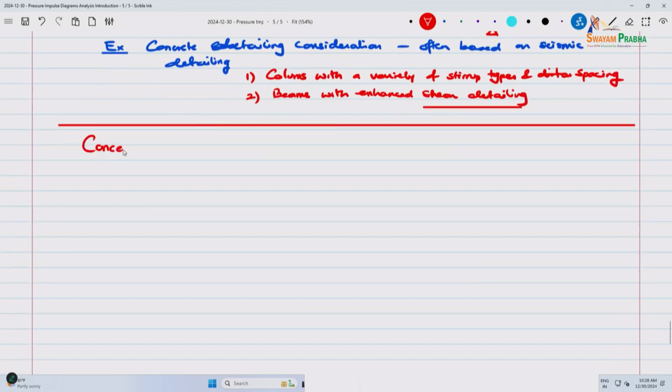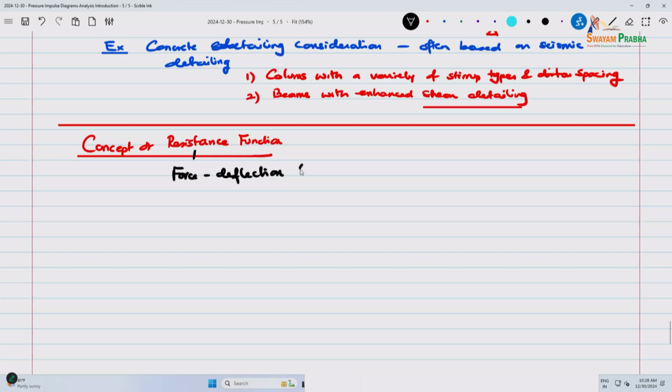and we've discussed the idea of a resistance function. So, let's start implementing that. A resistance function is nothing but a force deflection response curve. It is not a predicted curve.